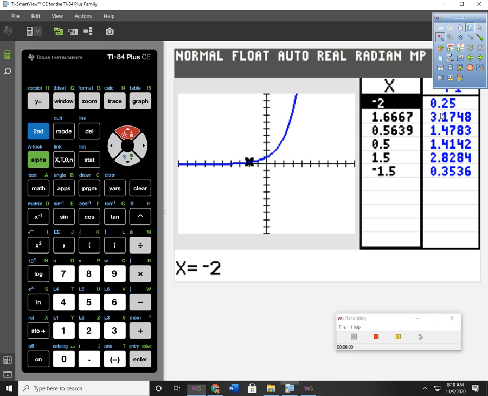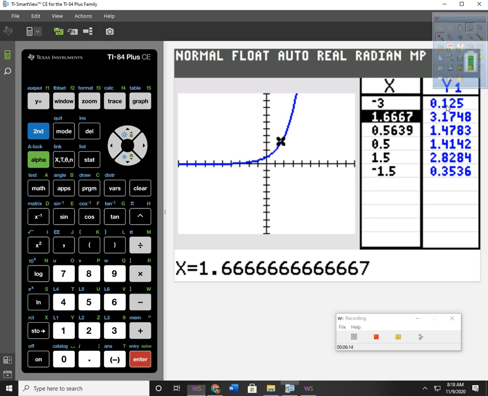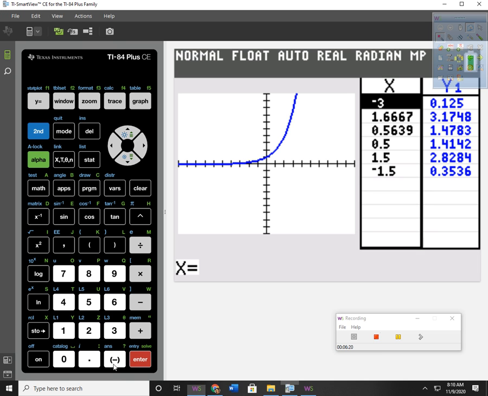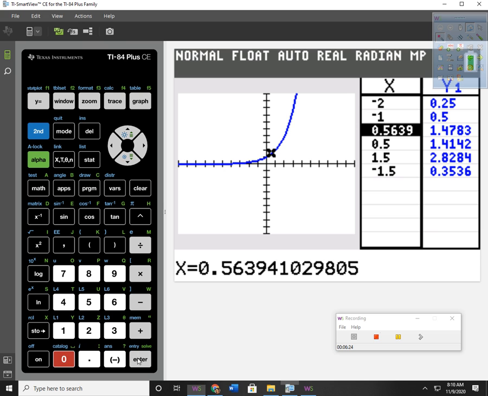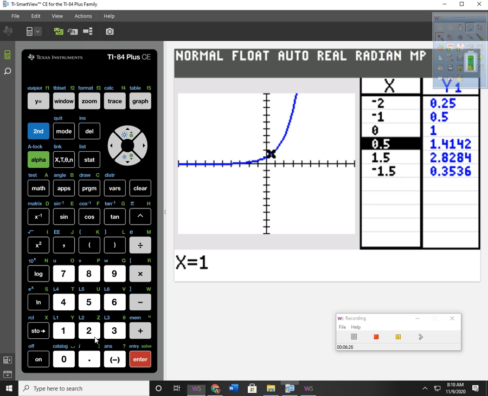Any lower than that, you really don't have to be. I mean, I could choose to do -3. That gets me really close, okay? So I'm going to start with -2, and then I'm going to choose -1, 0, 1, 2, 3.